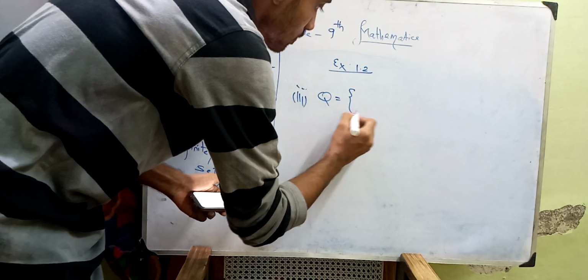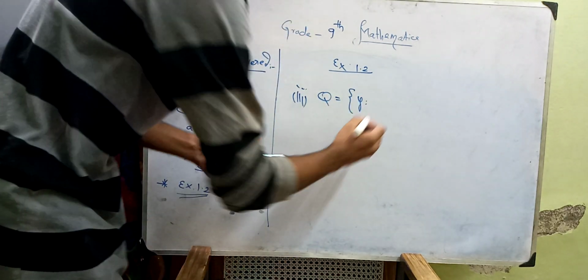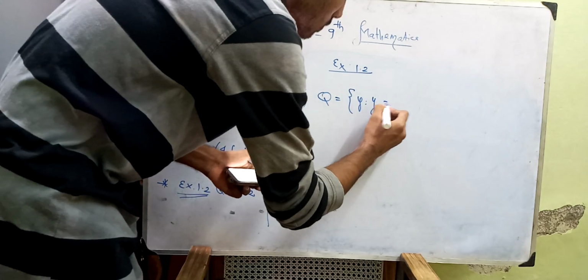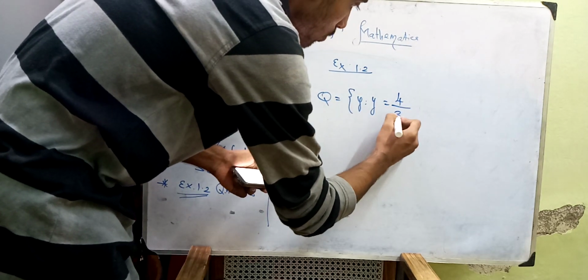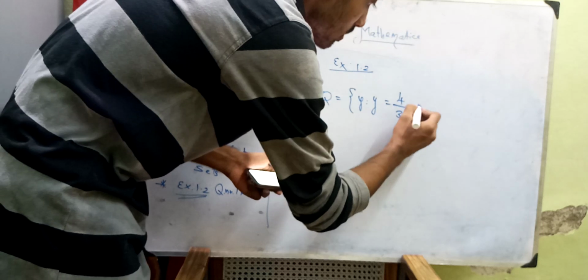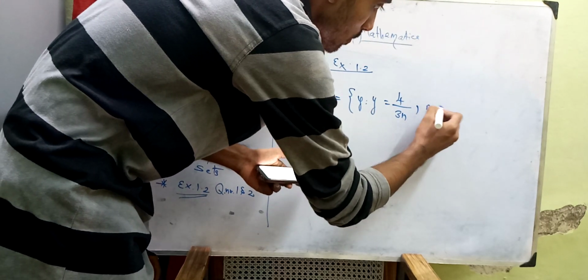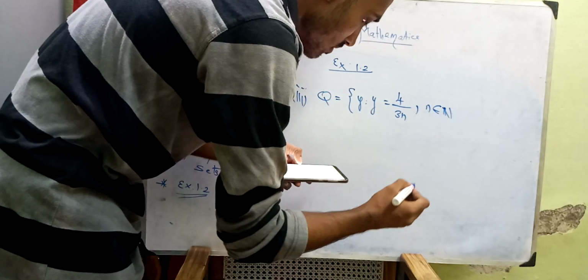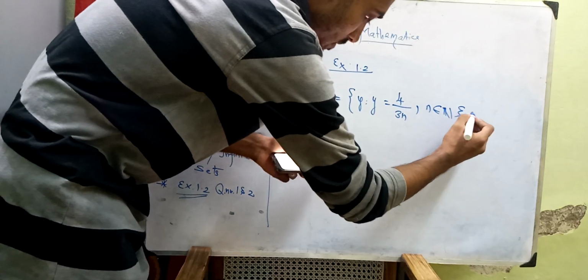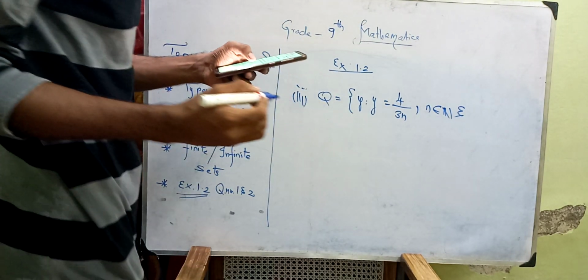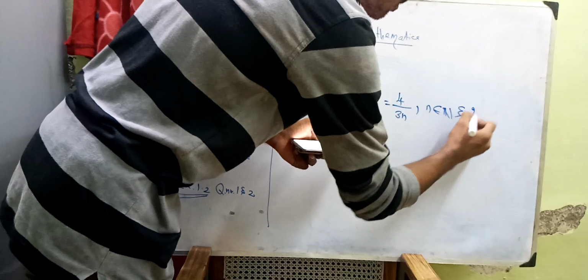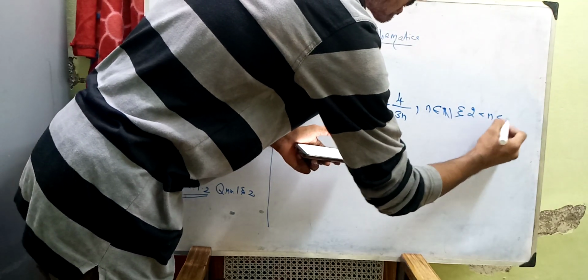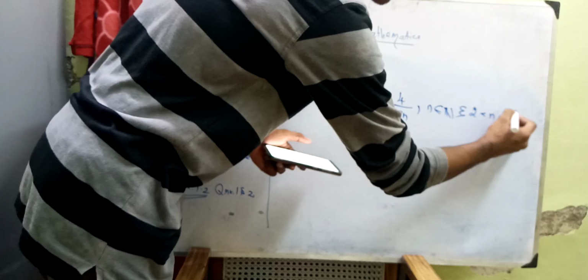Q equal to the set of all y, where y is 4 upon 3n, n belongs to natural numbers, and 2 is less than n, less than or equal to 5.